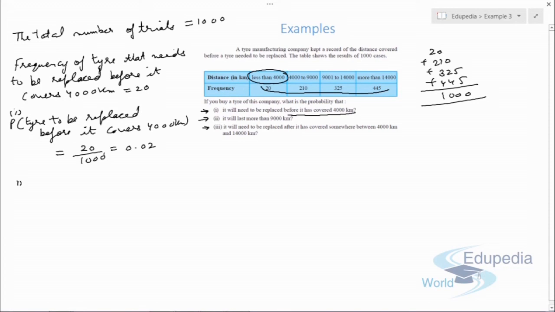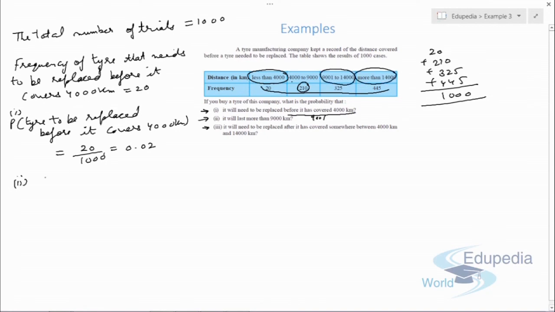We need to solve the second part. It will last more than 9000 kilometers, right? If we see the data properly, less than 4000 is 20, and 4000 to 9000 is 210. We need to find that it will last more than 9000. This means it will start from 9001, so we need to check this data and this data.